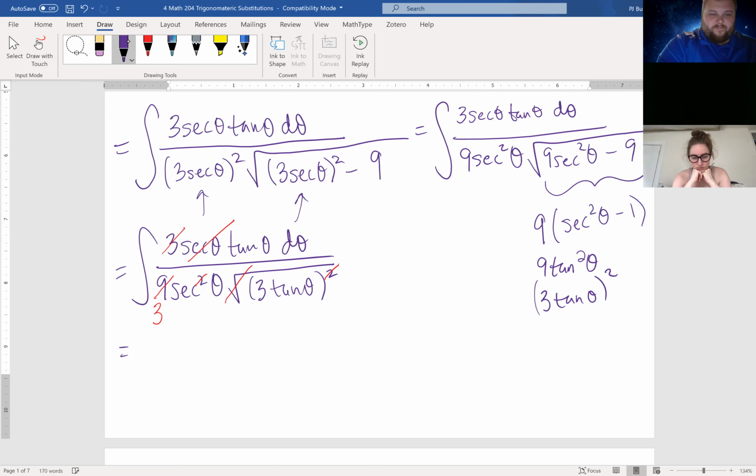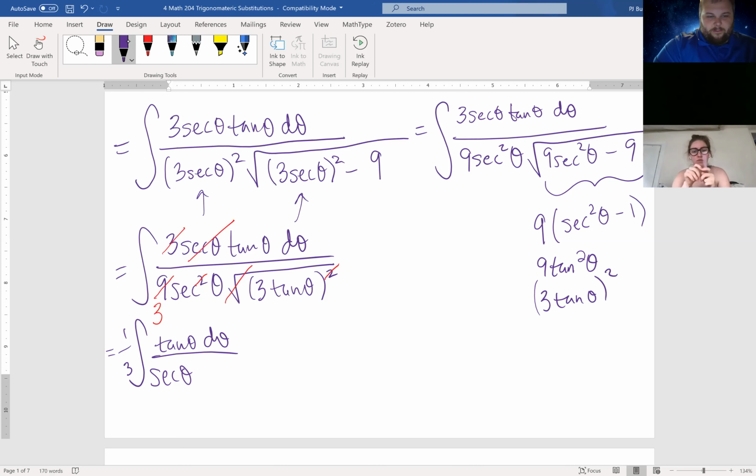So now I have integral tan theta d theta over secant theta. And coming out of the radical, I have a 3 down here. Just throw it outside.